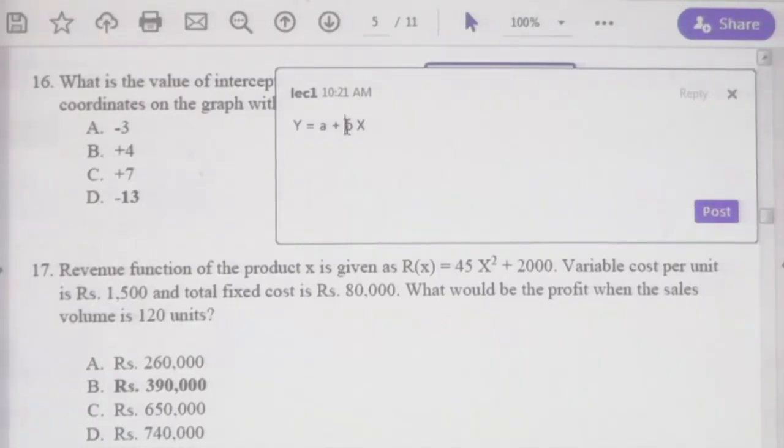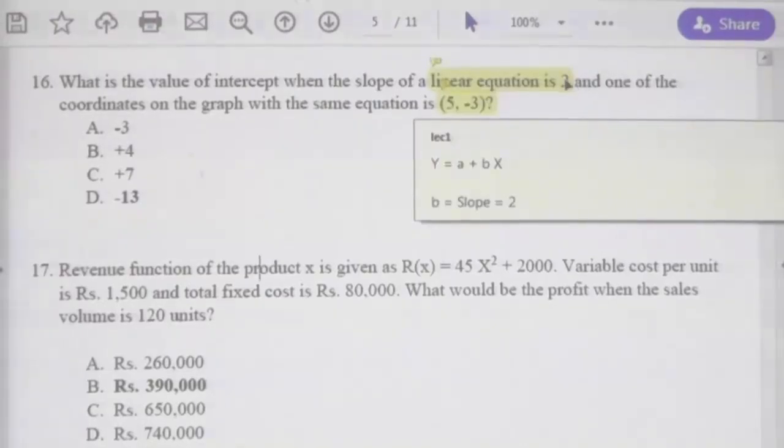This b is the slope. The symbol b represents the slope of the equation.